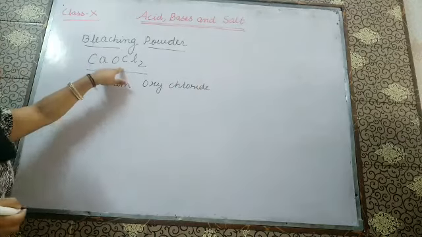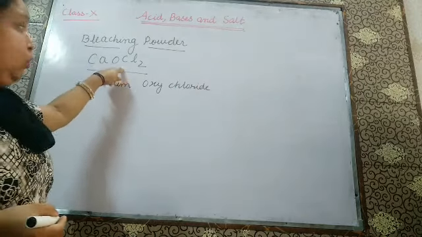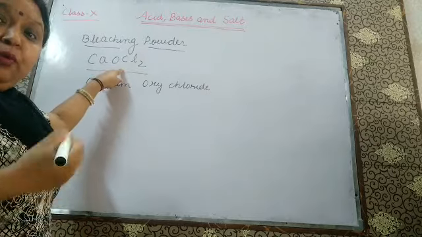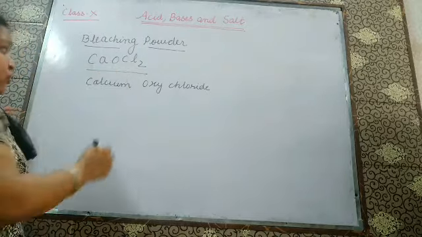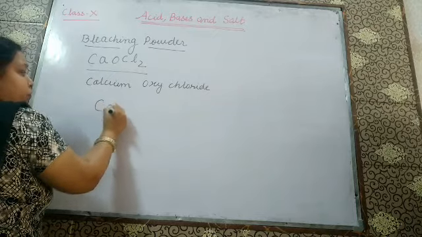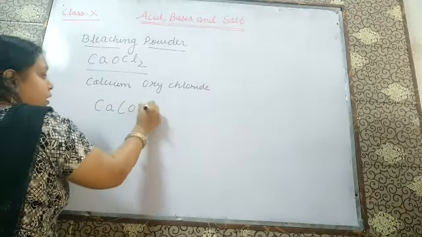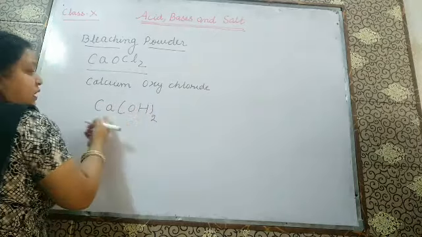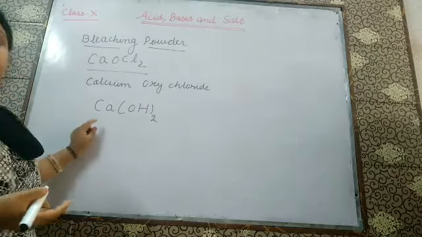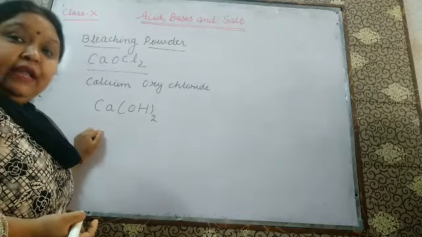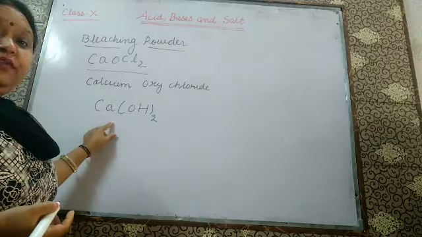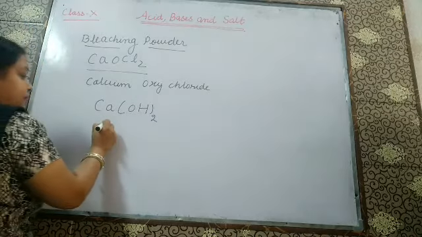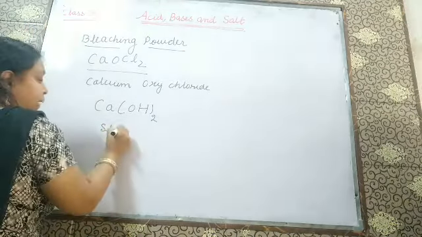As you can see, it contains chlorine, so it means chlorine is taken as a reactant. First of all, for its preparation, we require Ca(OH)2. What is Ca(OH)2? It is called calcium hydroxide, also known as slaked lime.